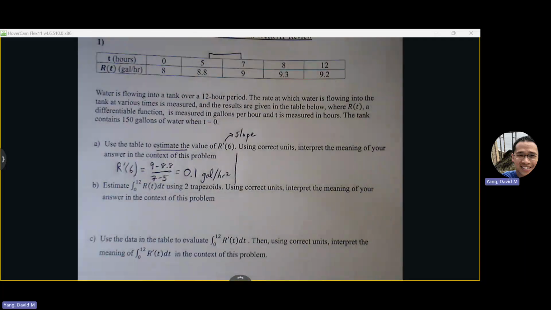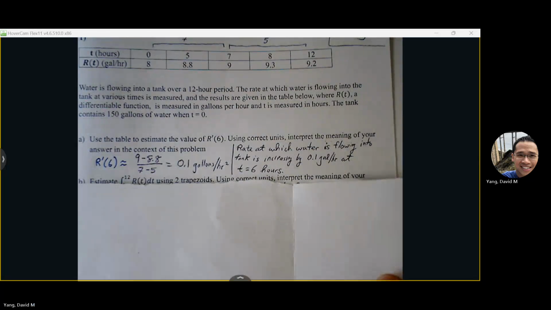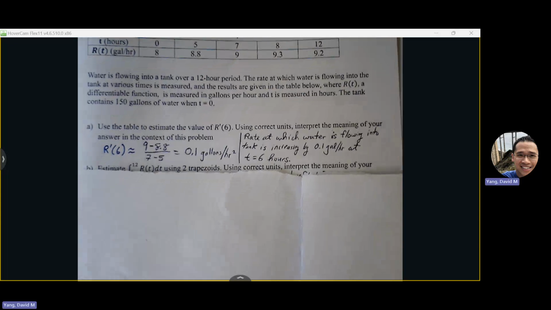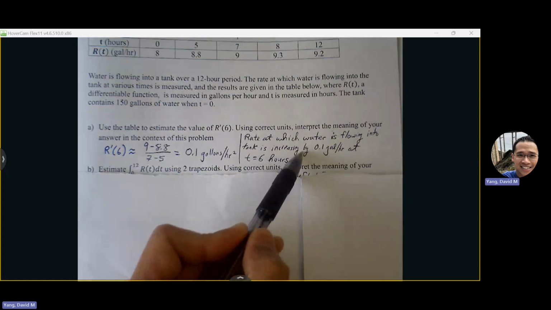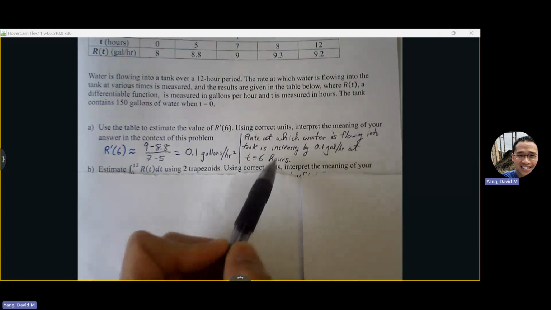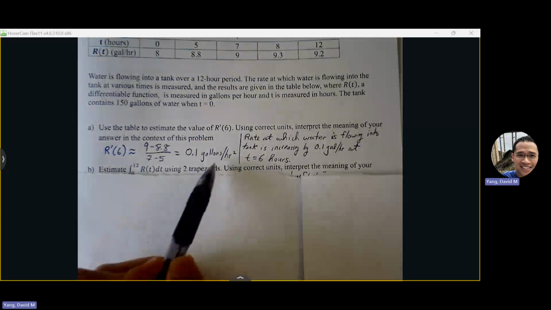So we want to use those words, that the rate at which water is flowing into the tank is increasing by 0.1 gallons per hour at t equals 6 hours. The units is gallons per hour squared, but we can also say increasing by this rate, right? So if we say increasing by this rate, that's also meaning the same thing as gallons per hour squared.